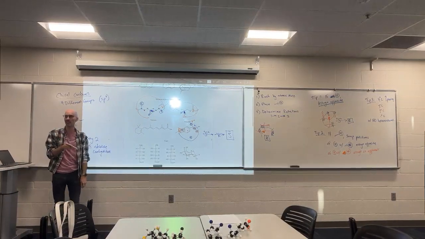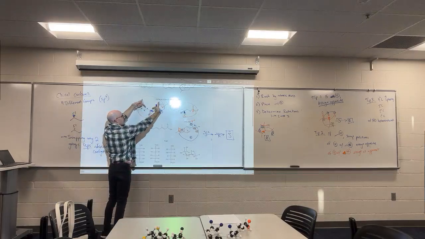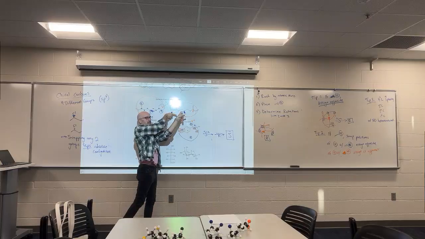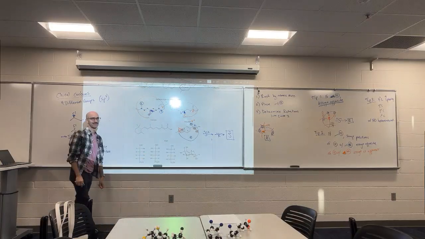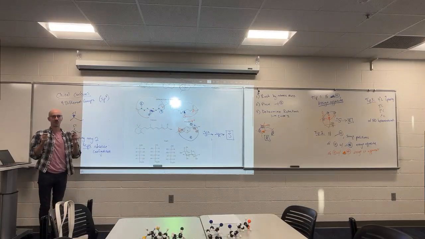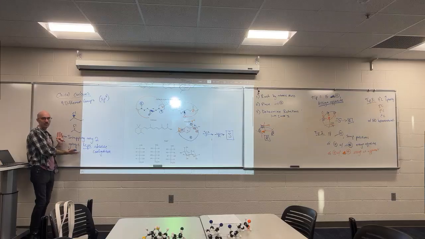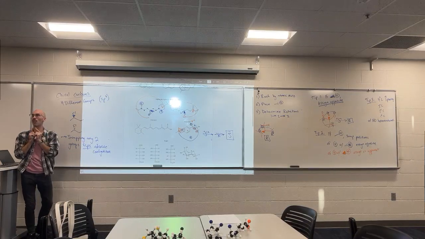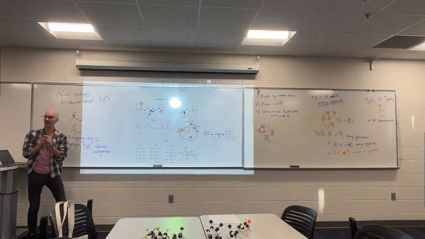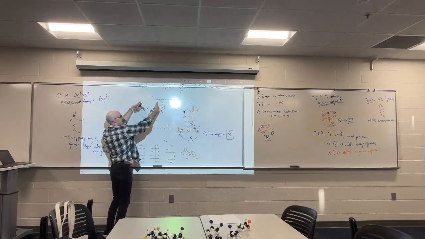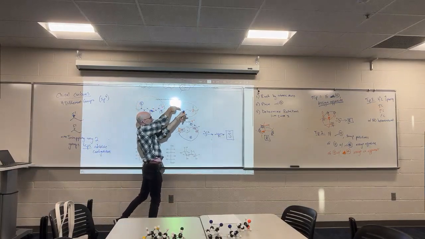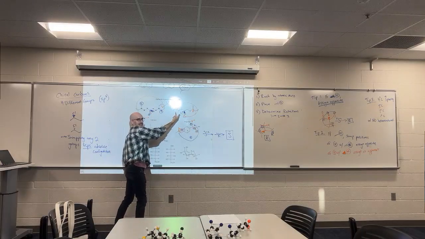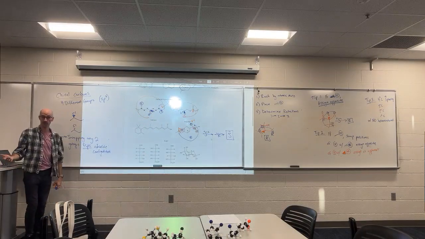We essentially took these 2 bonds to the chiral carbon and we flipped them onto this side, which is very similar to swapping the absolute configuration. But this time we wanted to keep the same configuration. So if these groups are going to flip sides, these groups also have to flip sides. Correct?